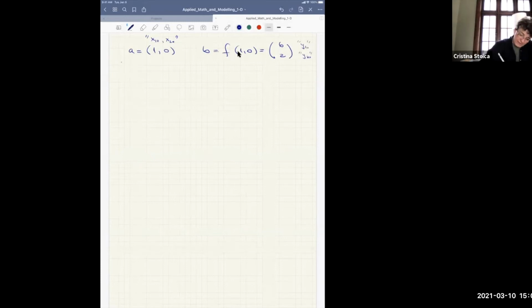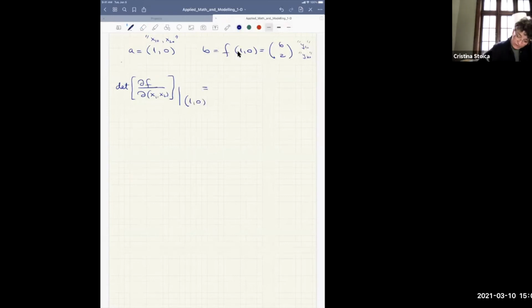Now we have to take the determinant of df/d(x1, x2) calculated at the point a, which in this case is (1, 0).